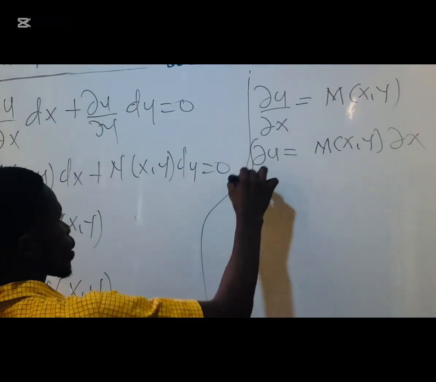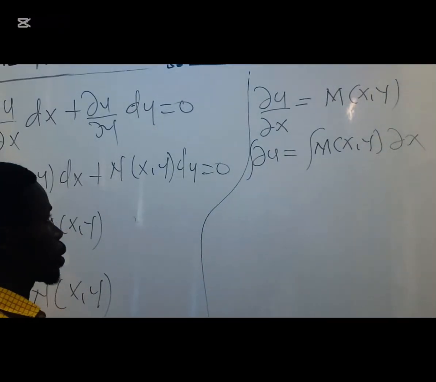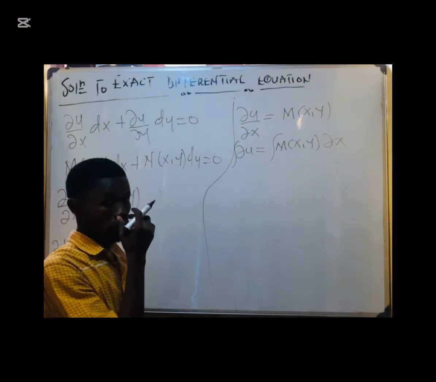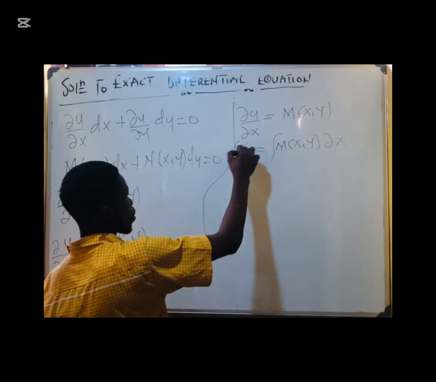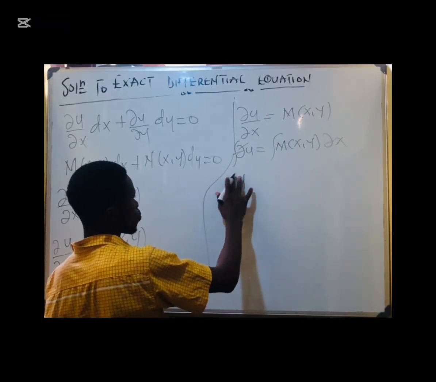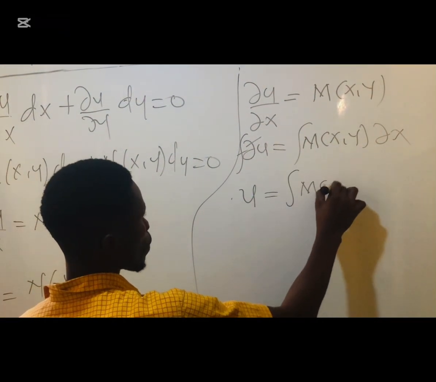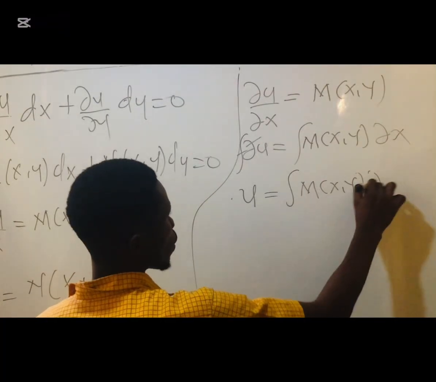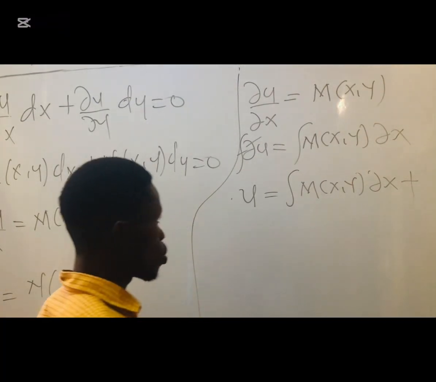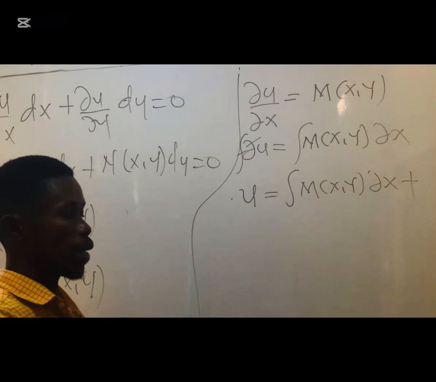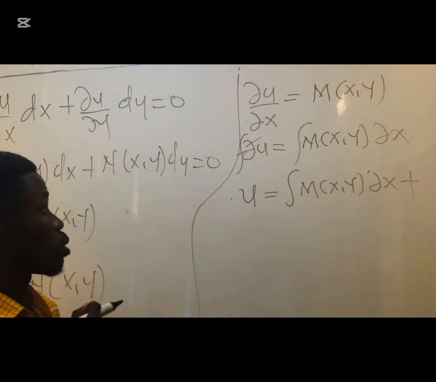If I take the partial integration of this, I have u equals the integral of M(x,y) ∂x, plus, when you integrate an indefinite integral, you need to bring a constant.